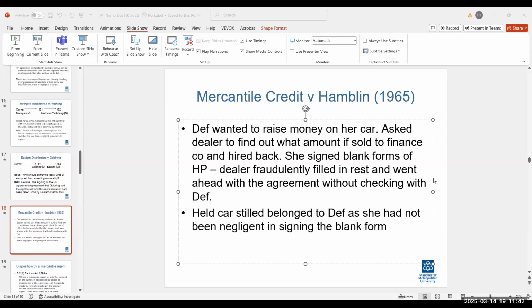Also relating to description and quality, do you need to talk about section 12? Section 12 is about title, isn't it? Oh, you mean under the CRA, do we need to talk about section 12? Let's see what we've got there. Because it's an open book exam, you're going to have access.